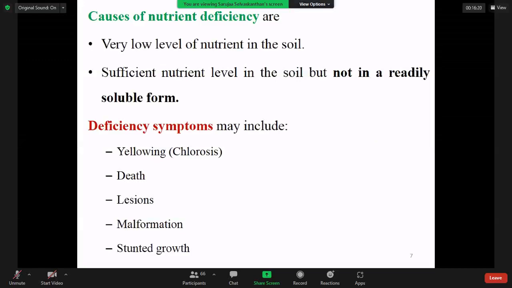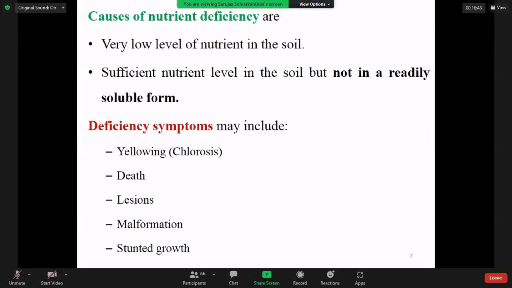Another reason for nutrient deficiency is when the soil has all the nutrients but they are not in a readily available form. If the soil has total nitrogen, it should be in NH4 plus or NO3 minus form. Only in this form can the plant absorb it.